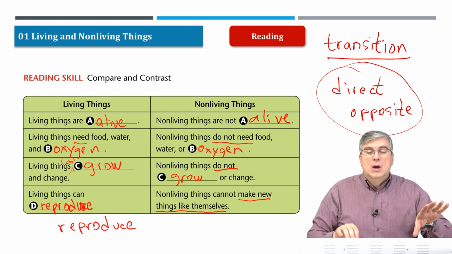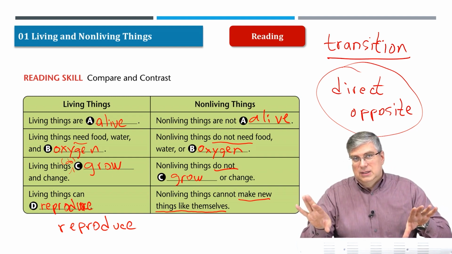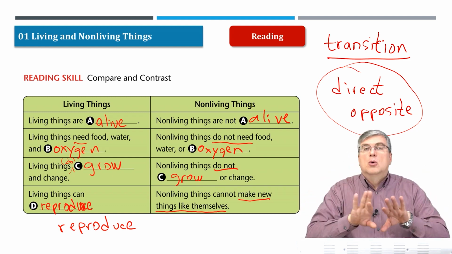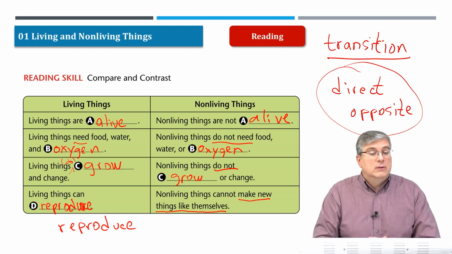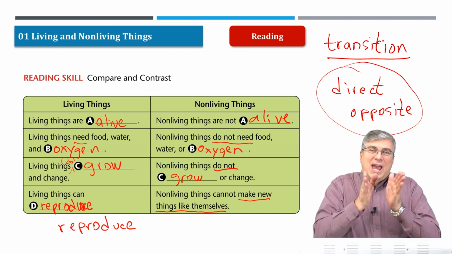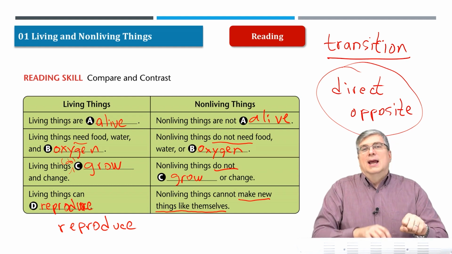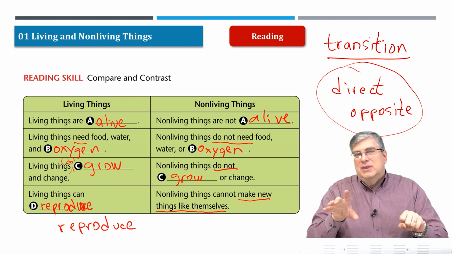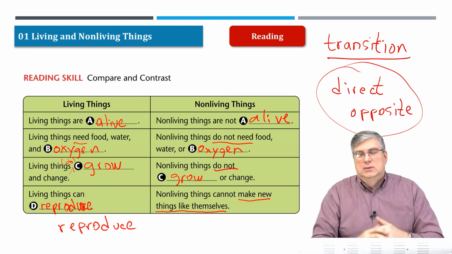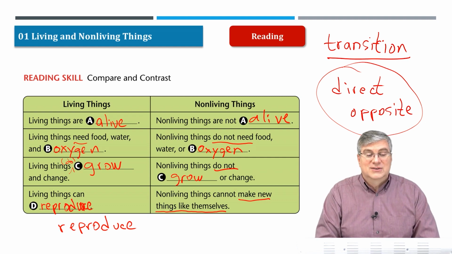What do living things do? What do non-living things not do, right? How are they different? Okay, so that was an interesting unit, right? We talked about the differences between living things and non-living things, and we focused on what living things do and what non-living things don't do. So kind of an interesting lesson.